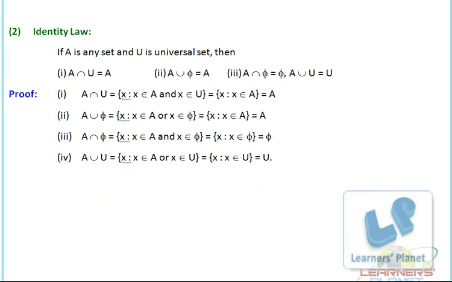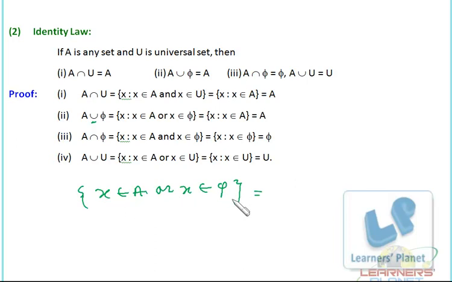Now here we see the sign of union, so we'll use OR. So X belongs to A or X belongs to phi, that is A union phi. Precisely, X belongs to A, because X belongs to A or X belongs to phi.